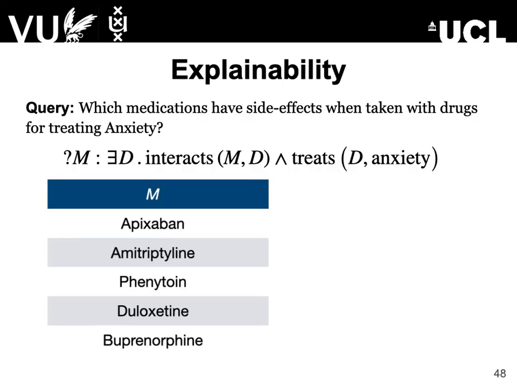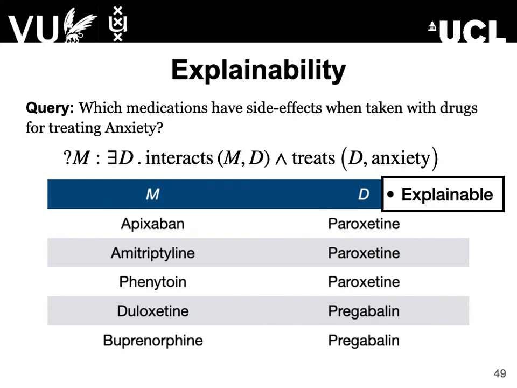Another really nice feature of this model is that it can provide explanations for its predictions. Other models in this space only return a list of answers to the query. For instance, in this case, the answers being produced are apixaban, amitriptyline, duloxetine, and others.